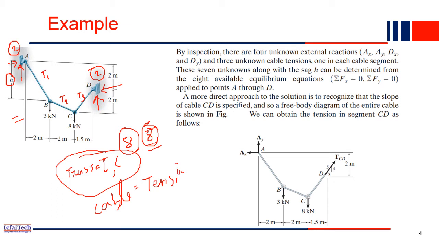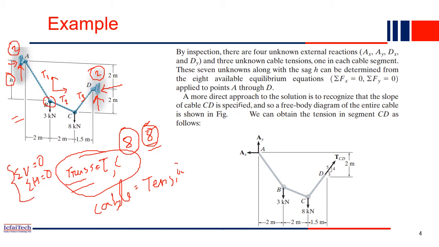But the analysis will be somewhat similar to the truss. So each joint in a cable structure will have two equilibrium equations: summation of all the vertical forces equal to 0 and summation of all the horizontal forces equal to 0.